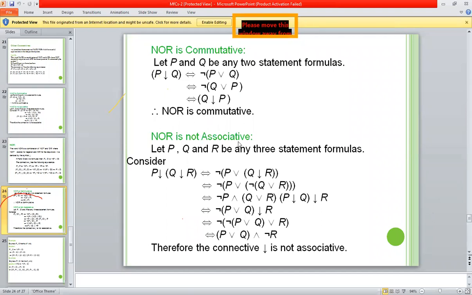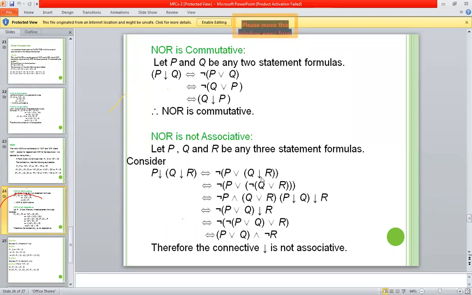Now, NOR is not associative. Why is NOR not associative? Consider the example: let P, Q and R be any three statement formulas. The LHS of the associative law, P NOR (Q NOR R), is equivalent, by the rule of NOR, to negation of P or (Q NOR R).